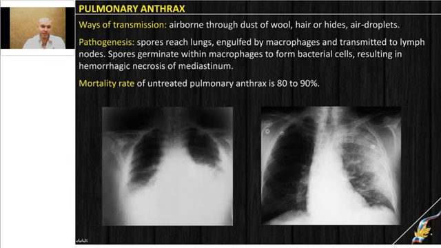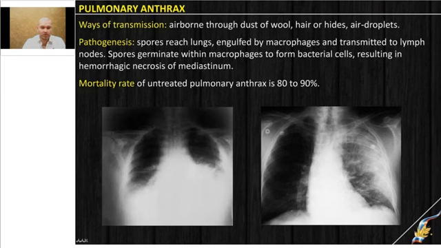Bacteria were engulfed by macrophages and delivered to regional lymph nodes. Regional lymph nodes were inflamed and necrotized, and due to severe necrotizing of the mediastinum people died, or because of destruction of the lungs people died.